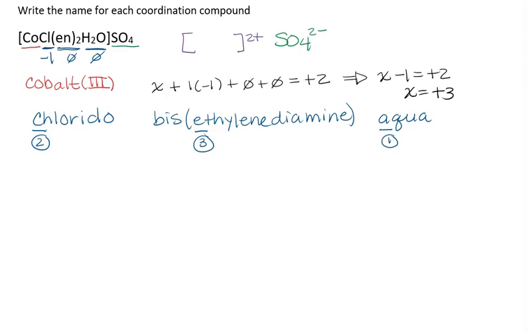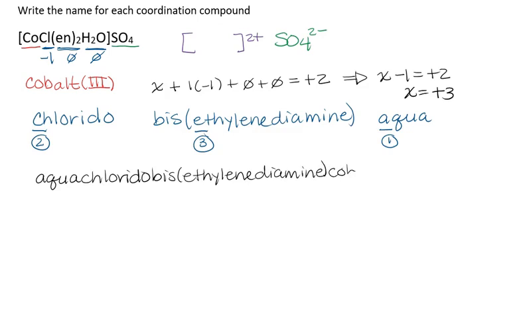Assembling this all together in the name of the complex, remember we still have that anion that we have to deal with, but to just write the complex name for right now, we have aqua, chlorido, bis(ethylenediamine), cobalt 3.